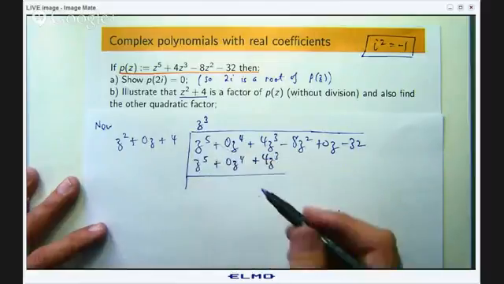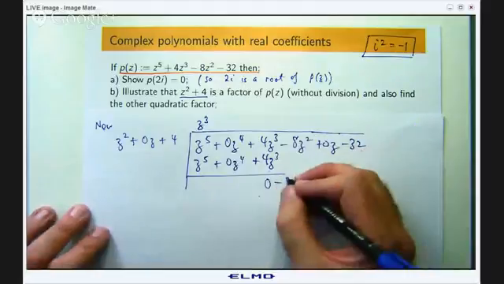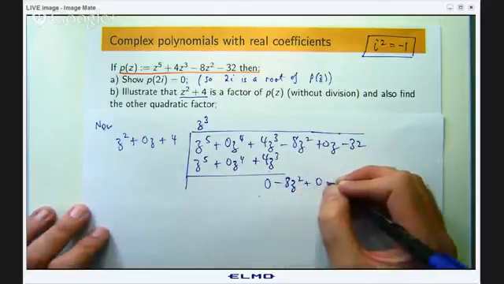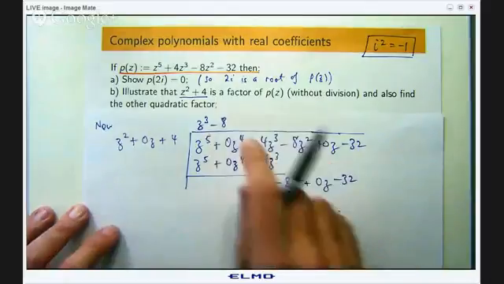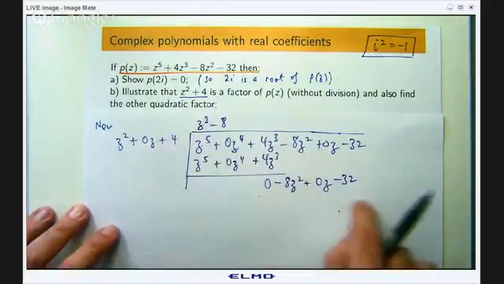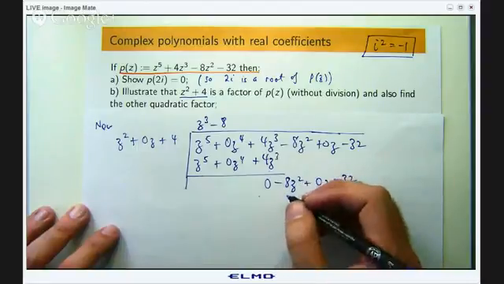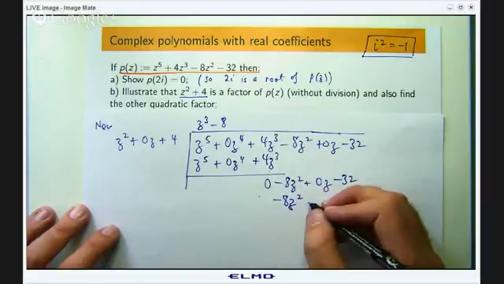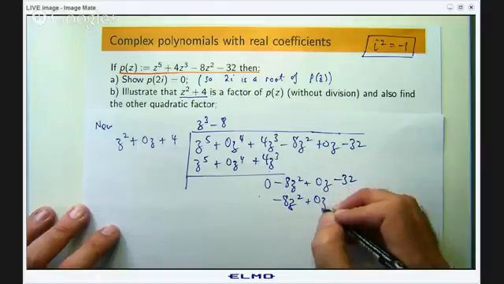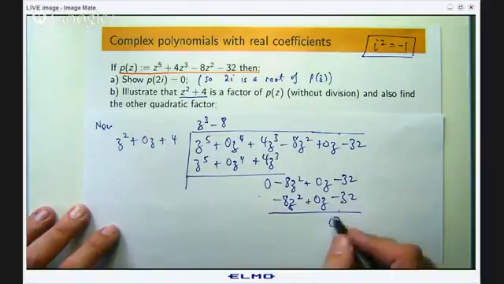So you will get 0 there. Bring this down. That will divide into that -8 times. And then that times that, that times that, that times that. Write that down here. And you will get the following. Okay, this taken away from that will leave you with 0.